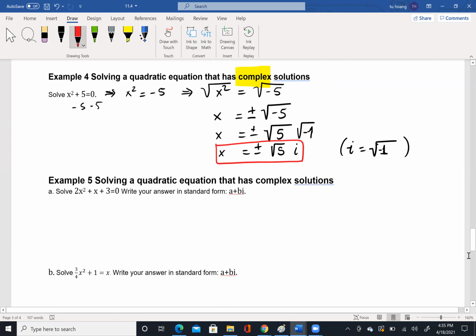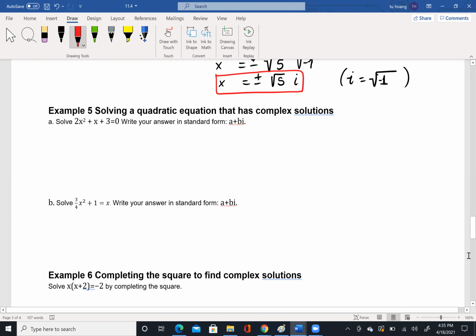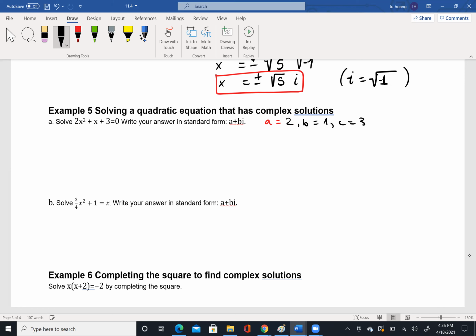Okay, so now what about this problem, 2x squared plus x plus 3 equals 0? How can I solve this one? Okay, so let's have a, b, and c. a equal to 2, b equal to 1, c equal to 3, right? Then I have x equal to -b plus or minus the square root of b squared minus 4ac, divided by 2a.